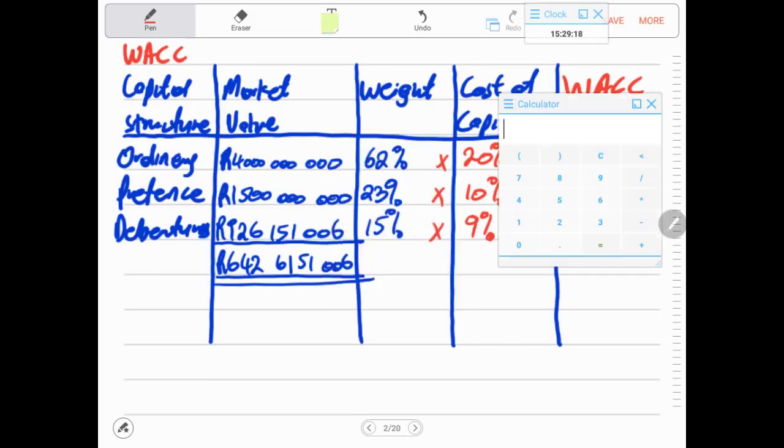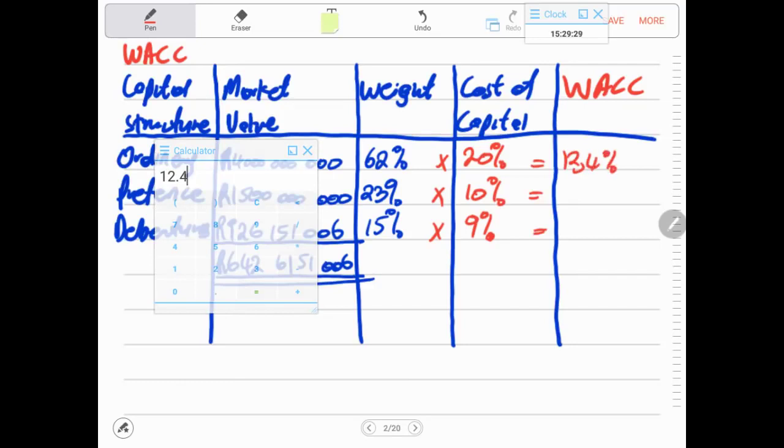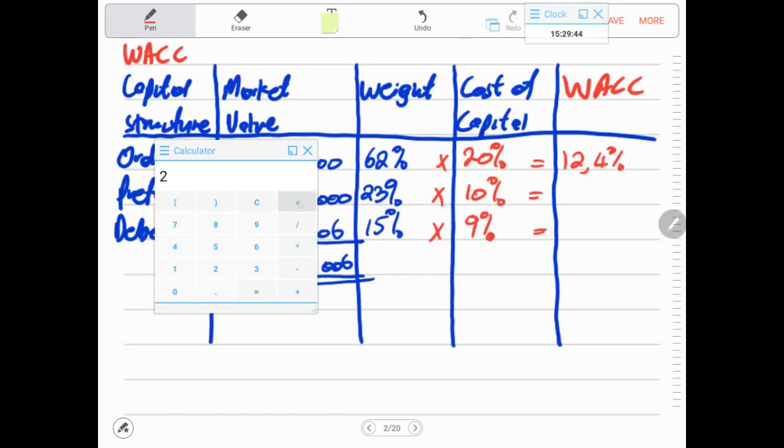Then after now we come back, we just multiply 0.62 times this by 20. It gives us 12.4%, which is the weighted average cost of capital. Just clear my 12% there. 12.4%. 0.2 times by 62.